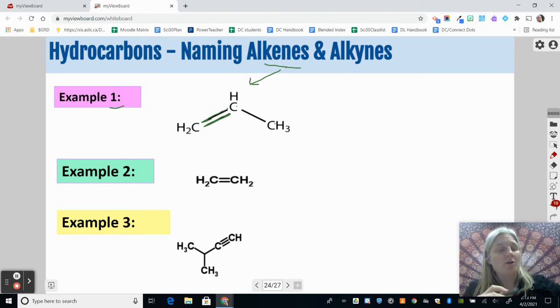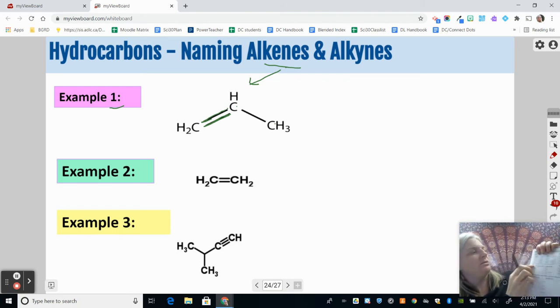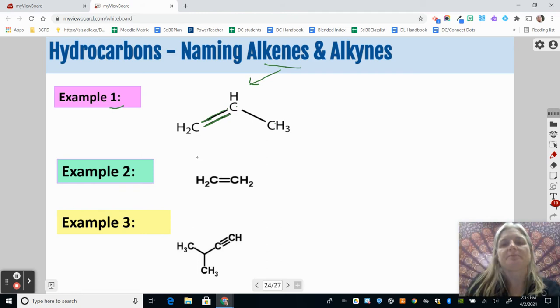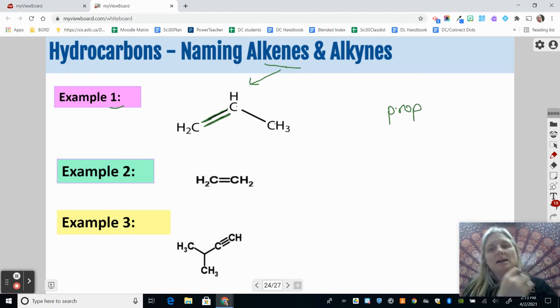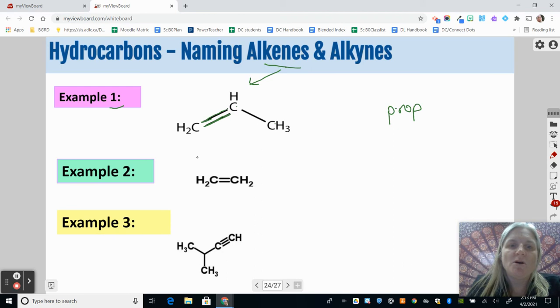A 3-carbon parent chain, let's just look back at our data booklet. A 3-carbon parent chain is prop, starts with prop. And it has the double bond starting at carbon 1, but if the double bond was over here, it would still be starting at carbon 1.